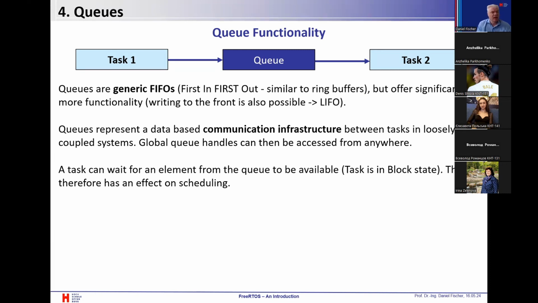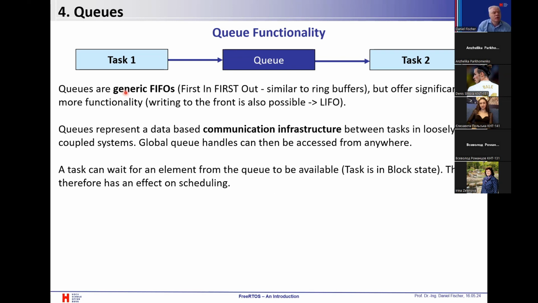And queues are generic FIFOs. FIFOs are data structures. FIFO means first in, first out. Generic means it does not depend on a data type. You can use it for any data types, for any structs, and so on.